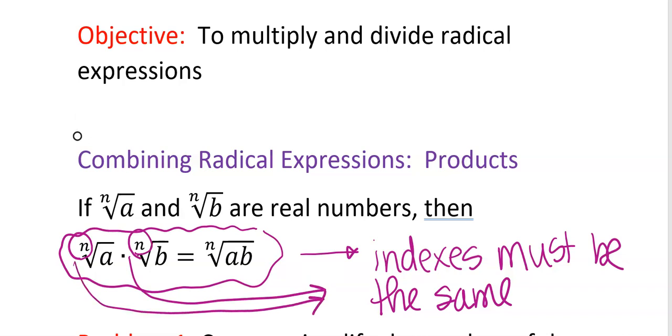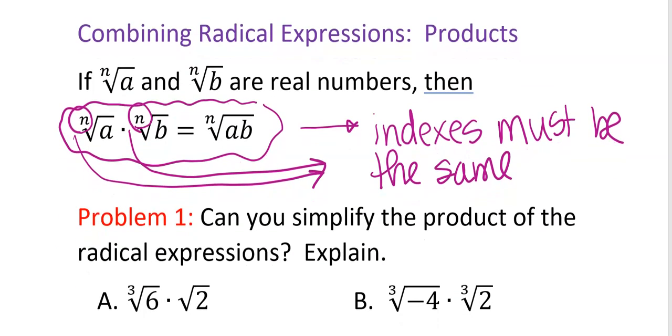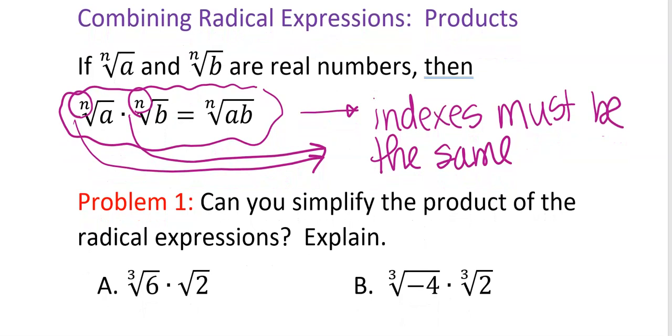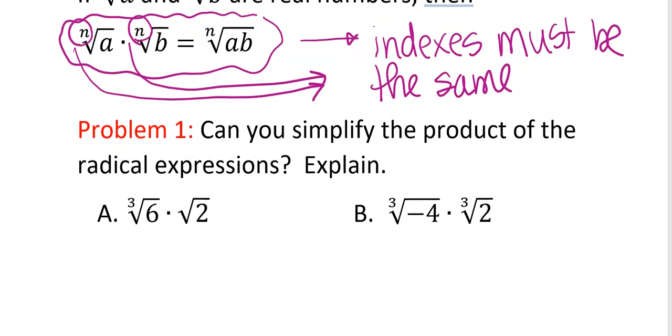So those are the two numbers we're looking at. So with the first two, notice how we have the cube root of 6 and the square root of 2. Can we do anything with those? No, because what's the number when there's no number out here? It's a 2.